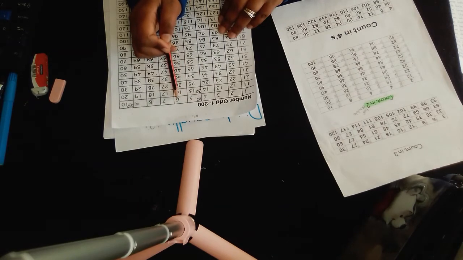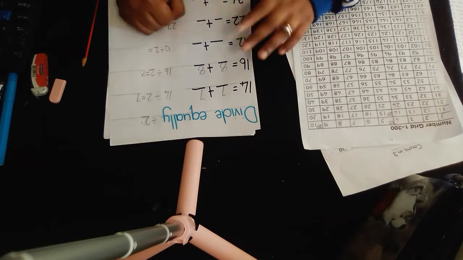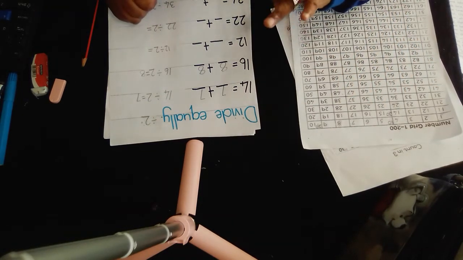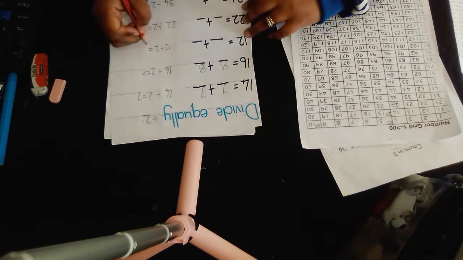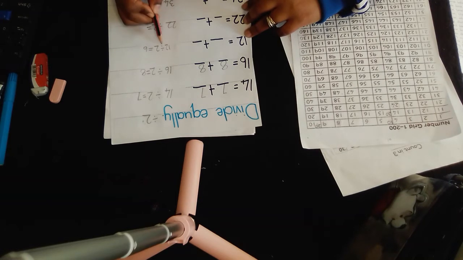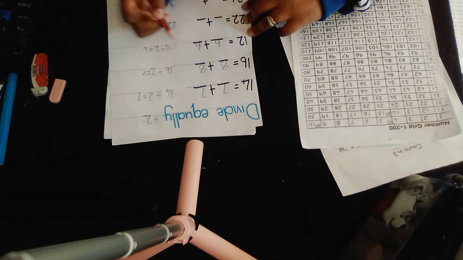I stopped at number 6. If I don't have my numbers, 2, 4, 6, 8, 10, 12. 6 fingers. That means 12 divided by 2 is equal to 6. So Dan will get 6 marbles and John will get 6 marbles.